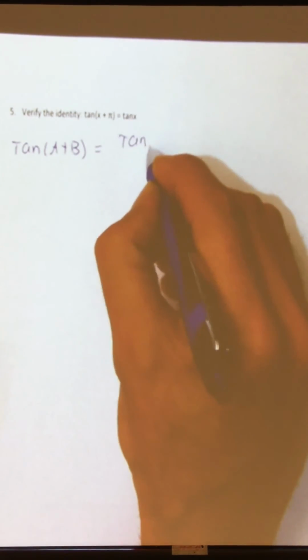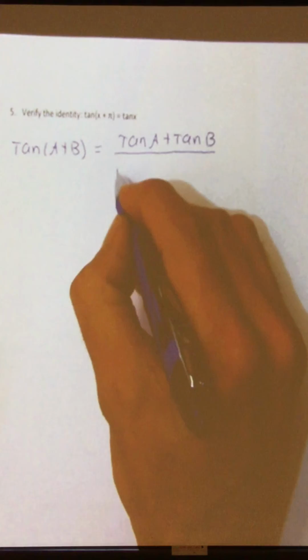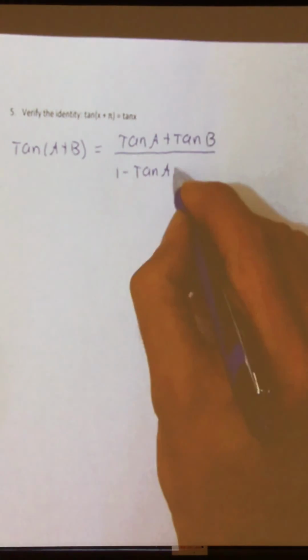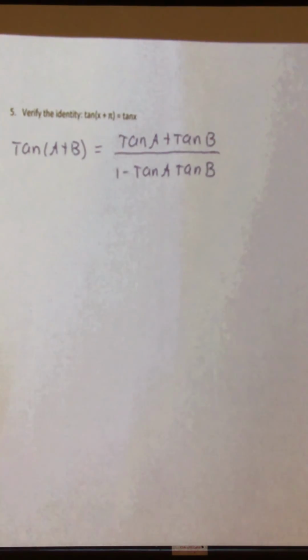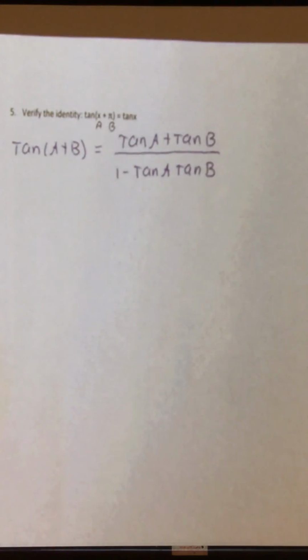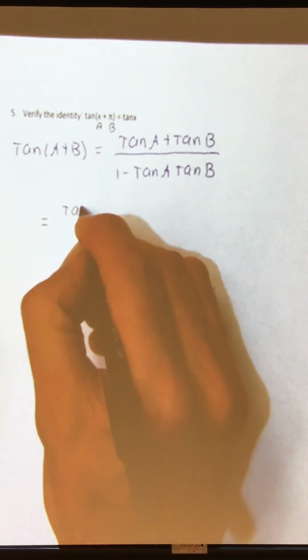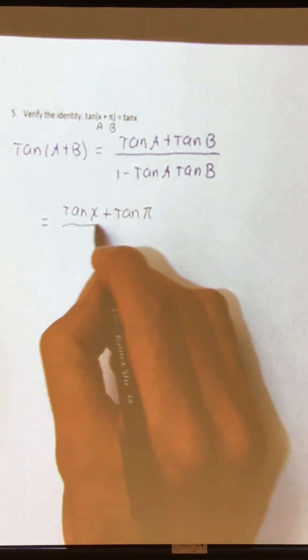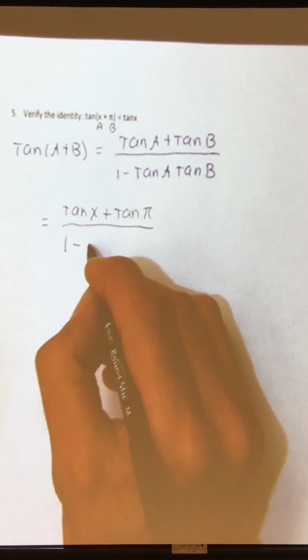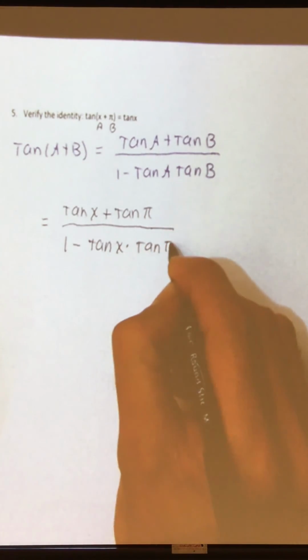The tangent of A plus B is given by this identity: tangent A plus the tangent of B, divided by 1 minus tangent of A times the tangent of B. Okay, so A in this case is represented by x, and pi is our second angle B. So substituting these values in, tangent A means tangent x, plus tangent of B will be tangent of pi, all divided by 1 minus tangent x times the tangent of angle B, which is pi.